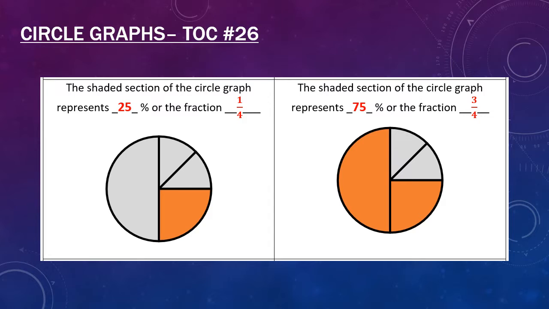So all of these are things you should know and be able to think about: what's the frequent fraction, what does it look like visually. You can also think about what does it look like as a fraction.